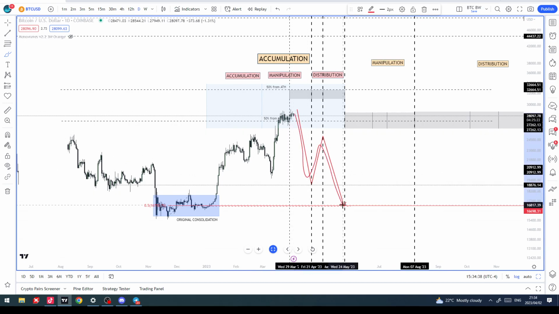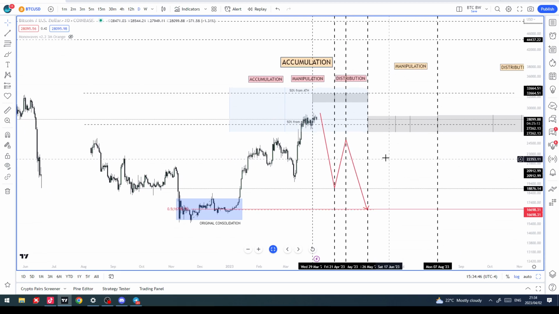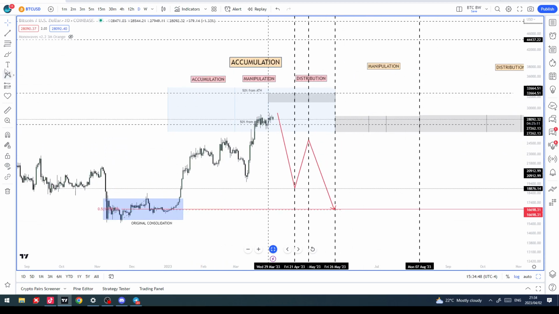Let them do this. Then right in time, on cue, 26th of May or thereabouts, we had an accumulation phase, we had a manipulation phase, and now we had a distribution phase.